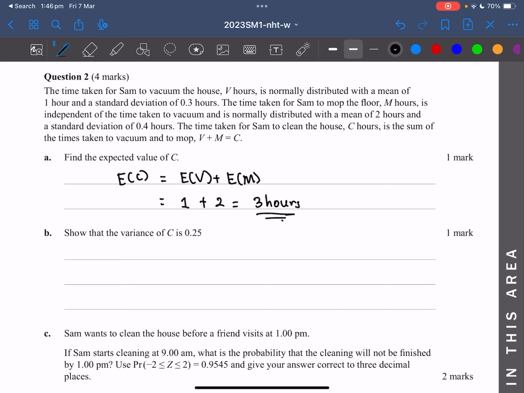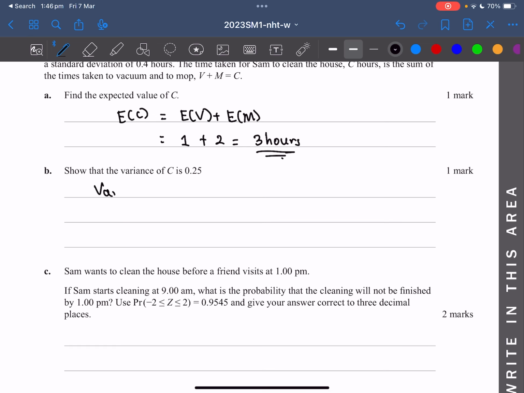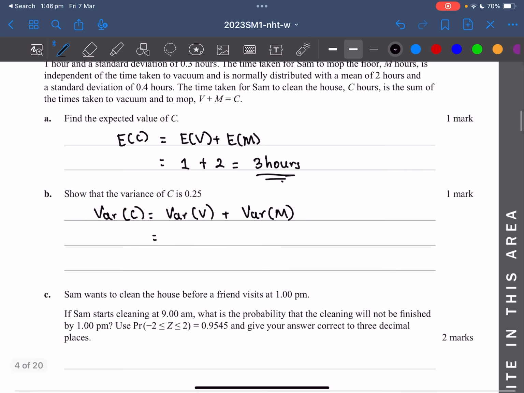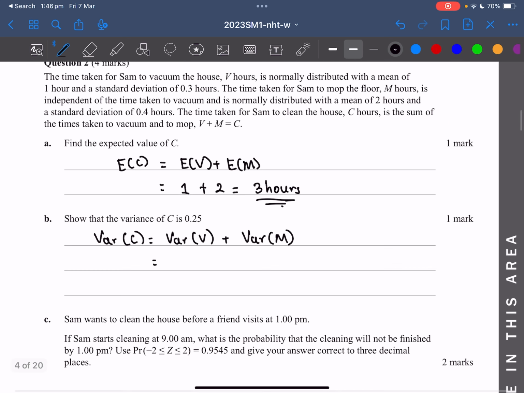Now, show that the variance of C is 0.25. We have to calculate the variance of C, and that would be variance of V plus variance of M. We don't have the variances, but we do know that variance is standard deviation squared, and we are given the standard deviations of vacuuming and mopping.